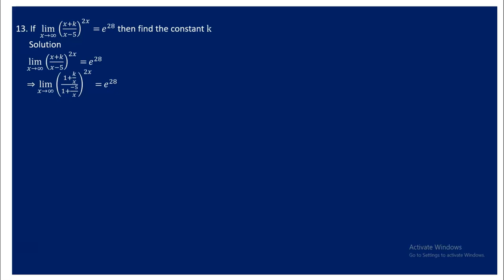If you multiply by 1 over x, you will obtain x divided by x as 1, k divided by x as k over x, and x divided by x as 1, and minus 5 times 1 over x is minus 5 over x. Then the power of 2x follows, and this is going to be e to the power of 28. This is what you need to do whenever you encounter such a problem: multiply the expression inside the bracket by 1 over x, and you will obtain this one.